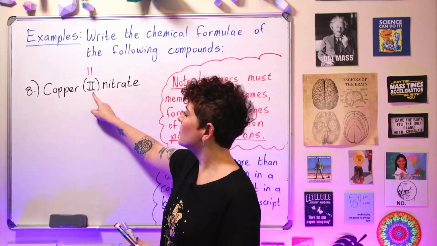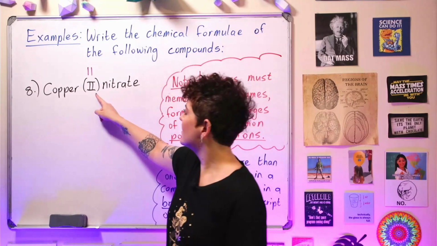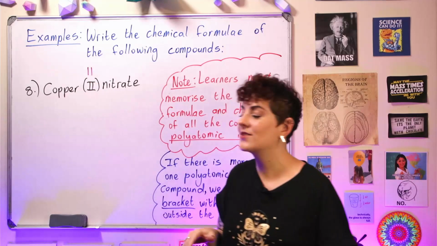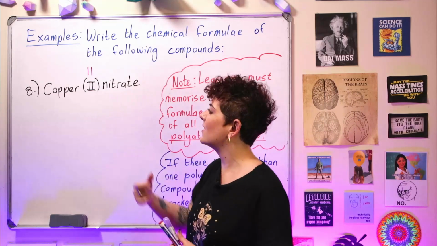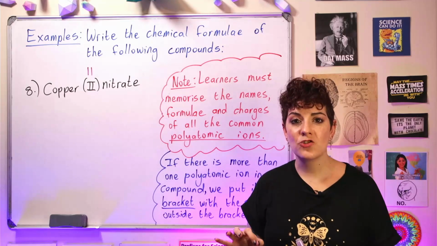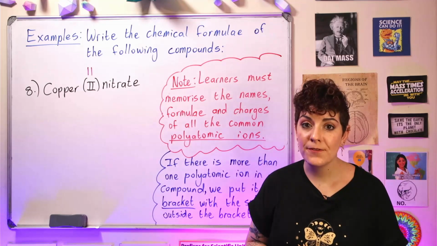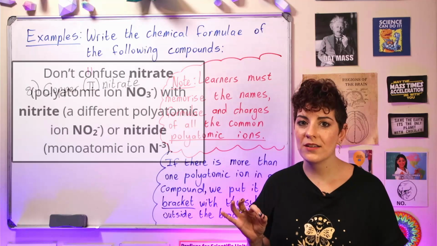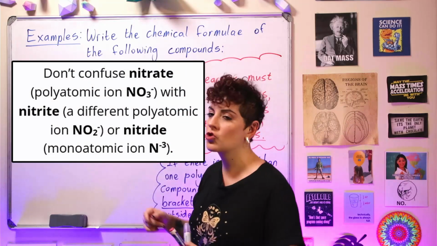So the 2 has been indicated with a Roman numeral. You can write it like this or just 2 vertical lines, both are correct. Now, the second part of the name is nitrate, and learners need to recognize that nitrate is the name of a specific polyatomic ion. Please be so careful because this is not nitride.